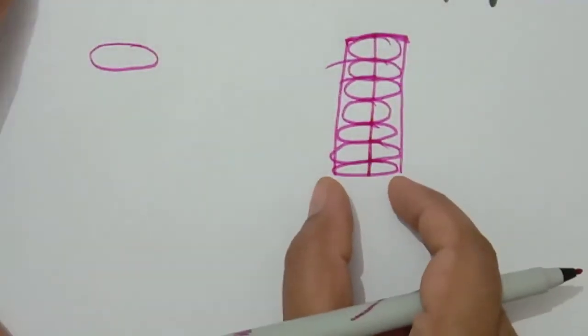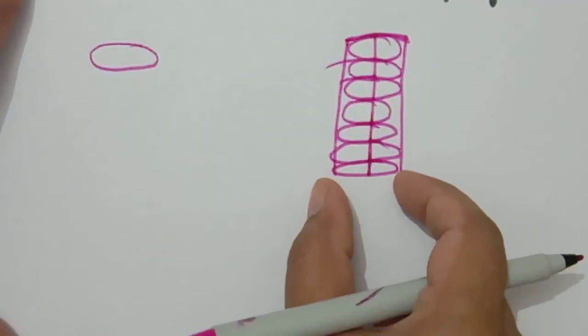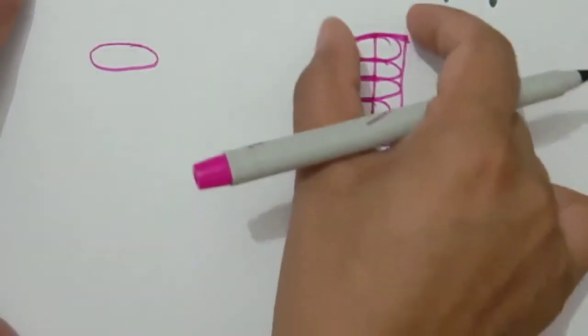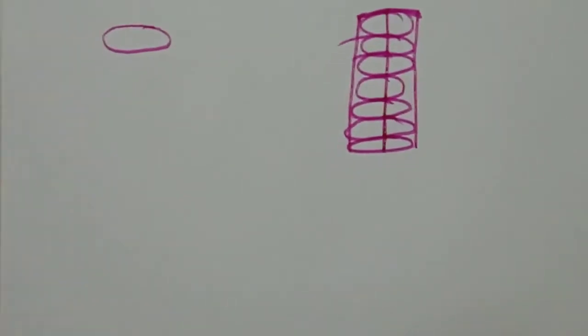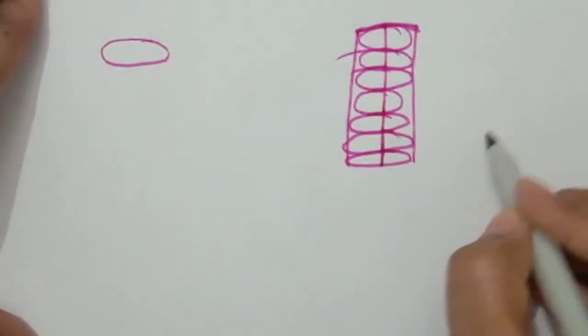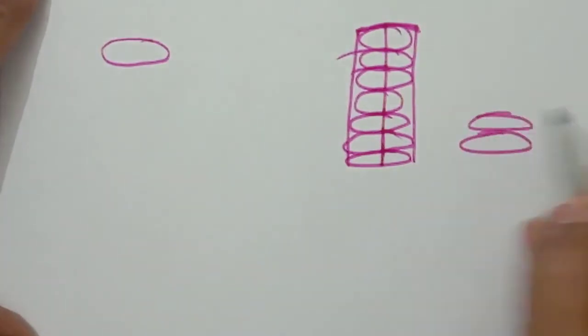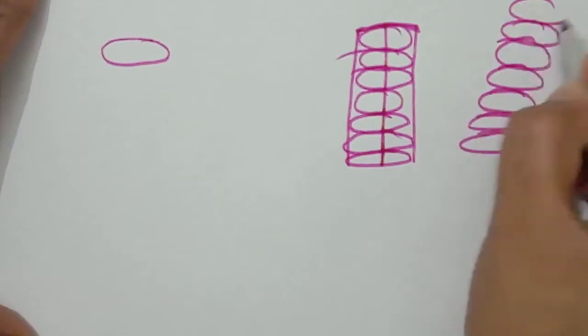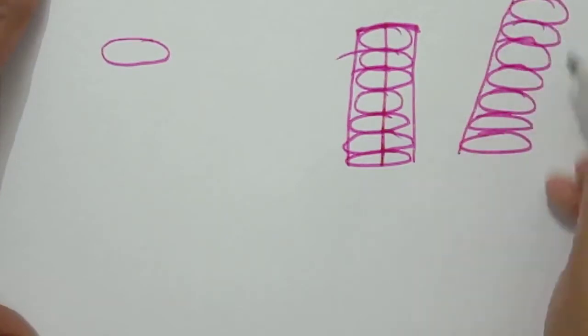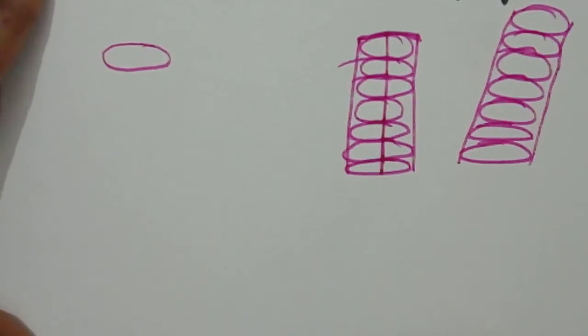When we have some number of circular sheets and we put them on each other and make a stack like that, then we call it a right circular cylinder. And when we put these sheets not correctly on each other and they look like that, then we call it a simple cylinder.